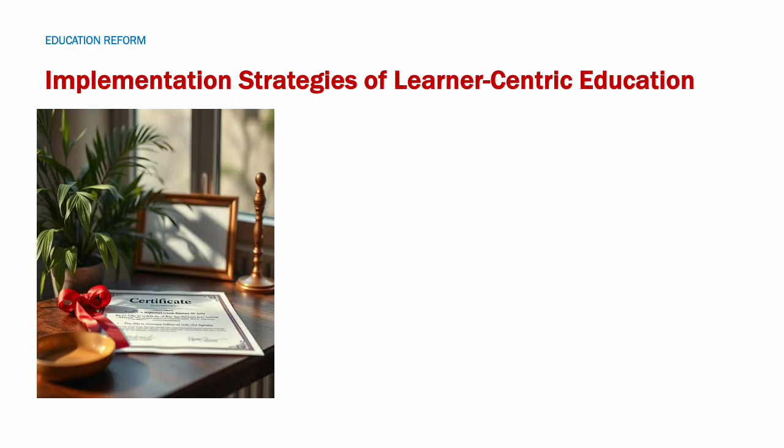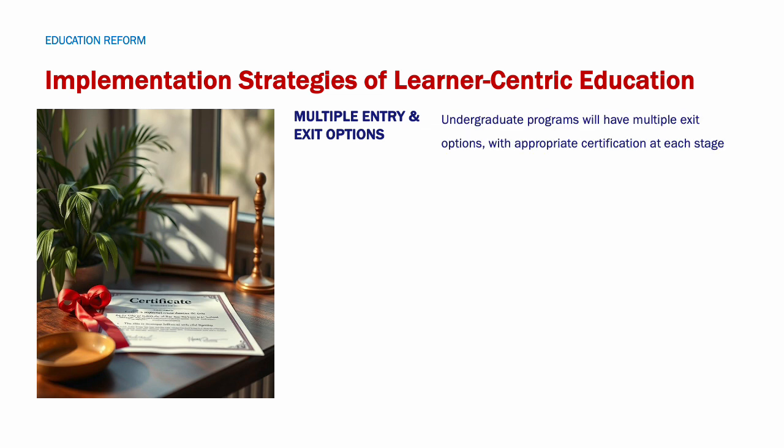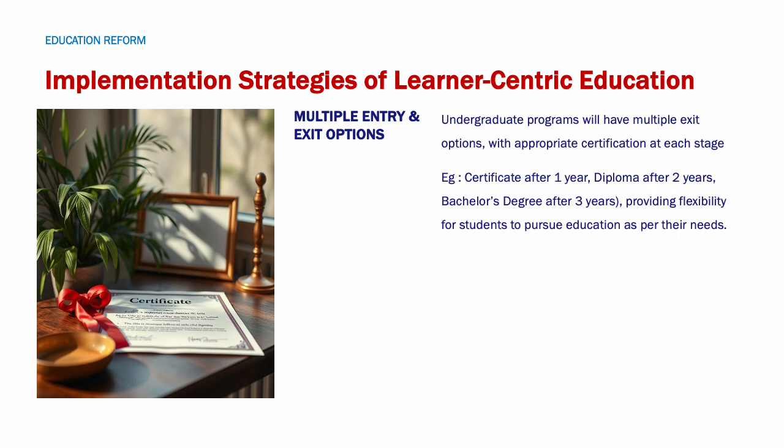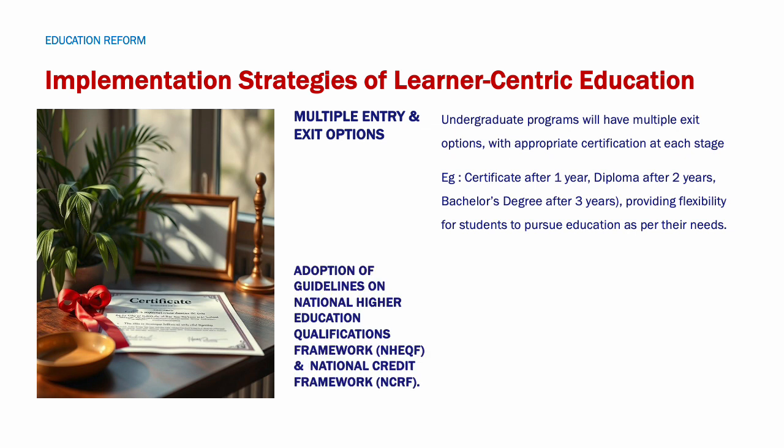This part is especially exciting. Students have the option of earning a certificate after year 1, a diploma after year 2, a bachelor's degree after year 3, providing flexibility to pursue their education as per their needs.